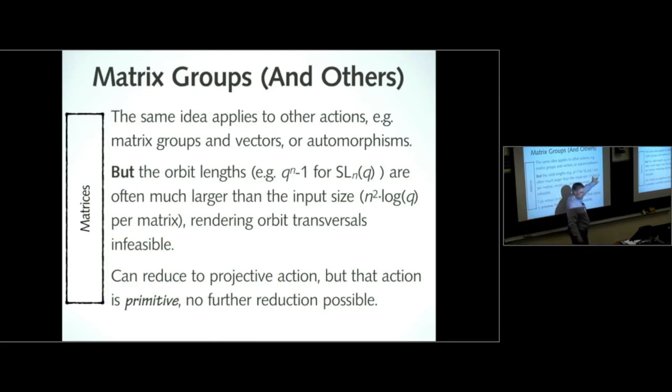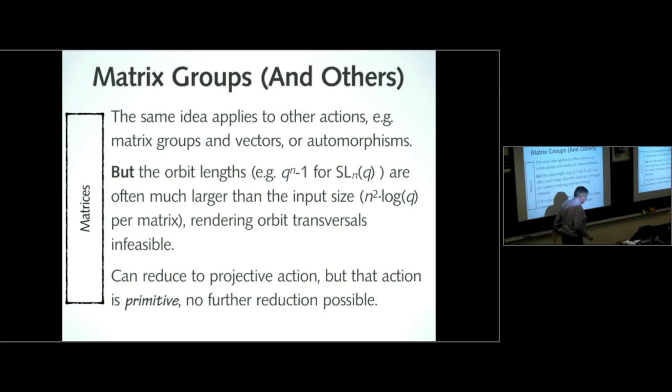If we have matrix generators, every matrix has roughly n squared times log q many entries. So calculating an orbit and calculating a transversal is very costly, both in practice and certainly in theory, because here the orbit length is already exponential in the size of the input. That's not what we would like to do.